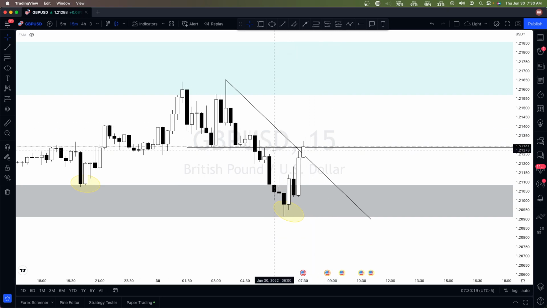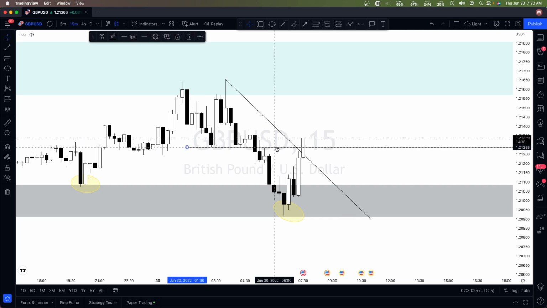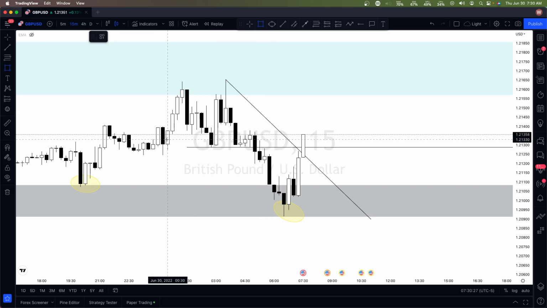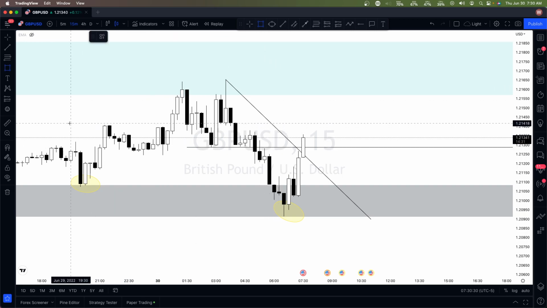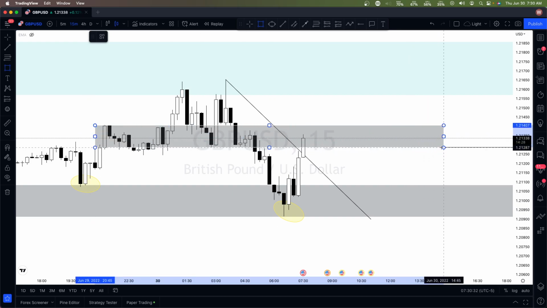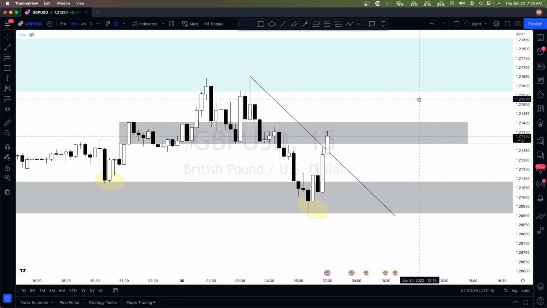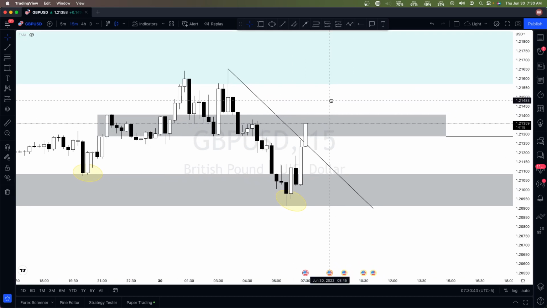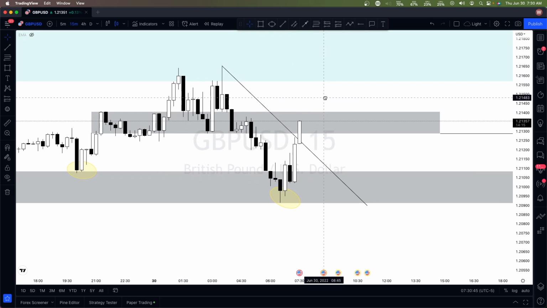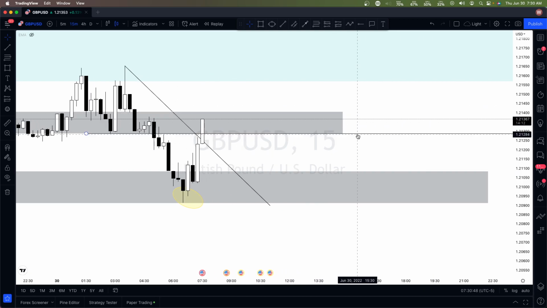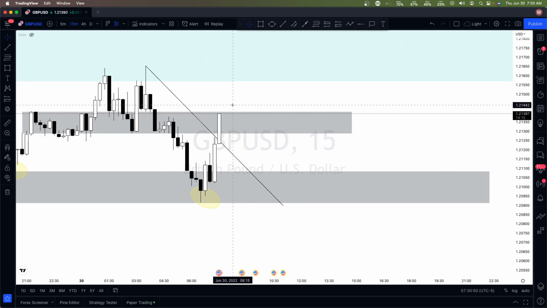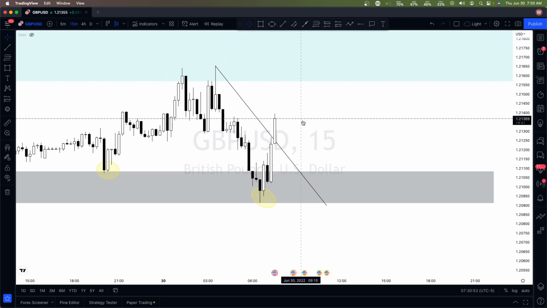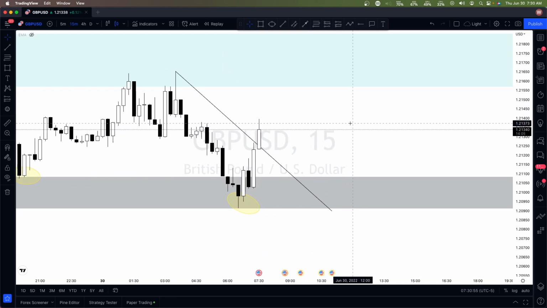I think if I was, so I see about, wow, yeah, very initial buy movement right there.